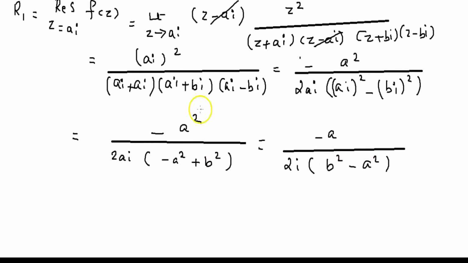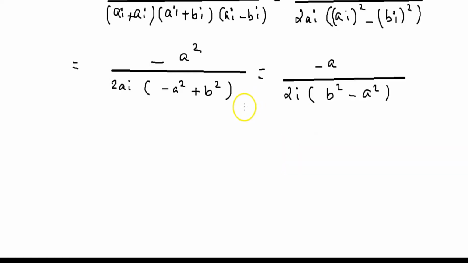To find the residue at z is equal to bi, use Cauchy's residue formula: limit z tends to a, z minus a, f of z. Substitute the pole a is equal to bi in the formula.